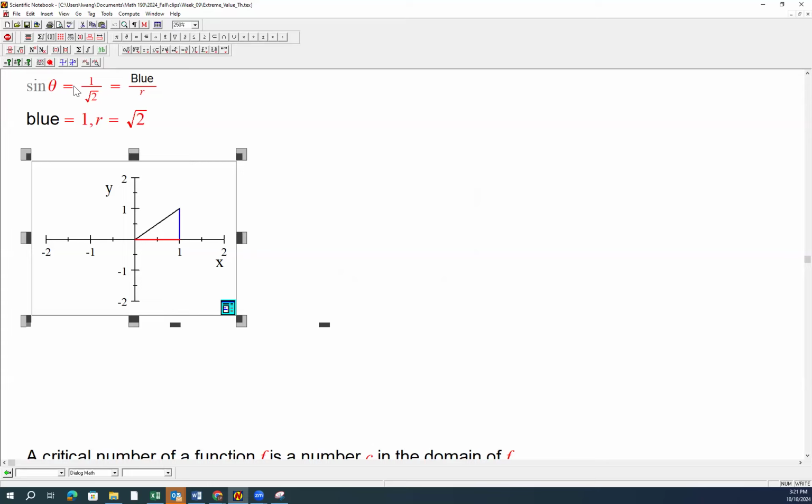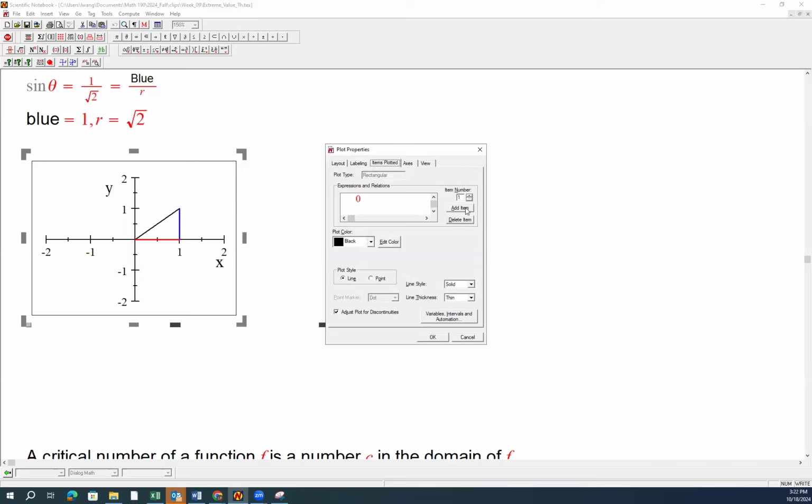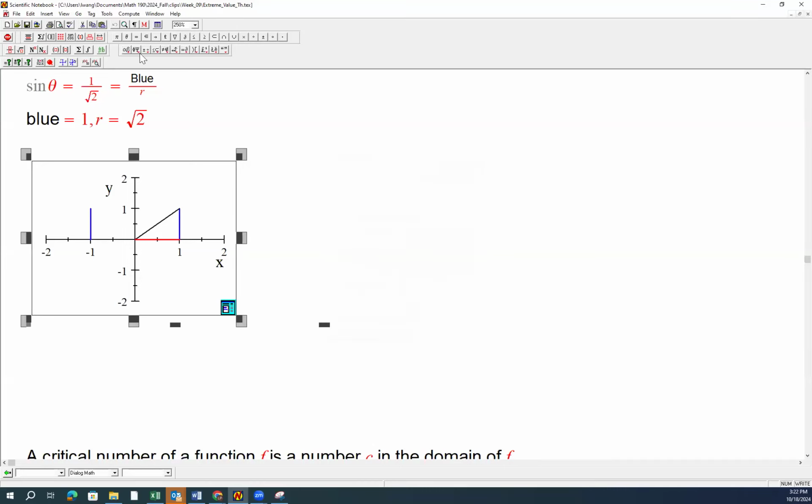For such a terminal with the same blue, we have another one on the other side. So we're going to add another one. In other words, for blue equals 1, we have 2 terminals.